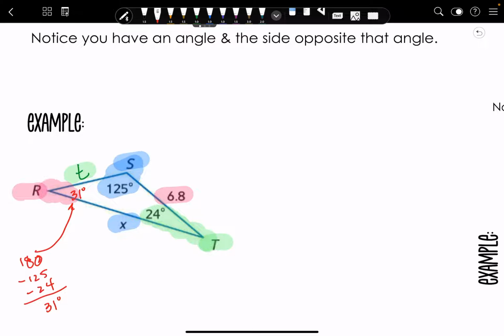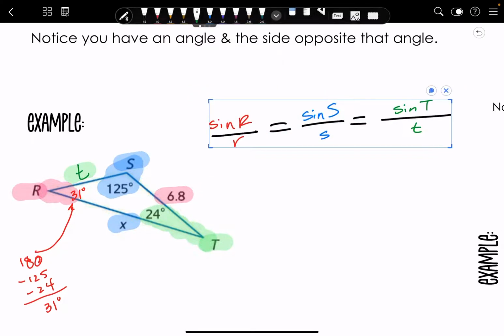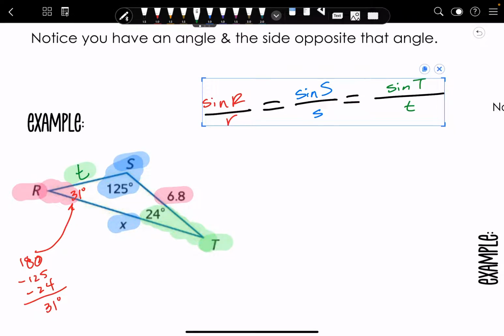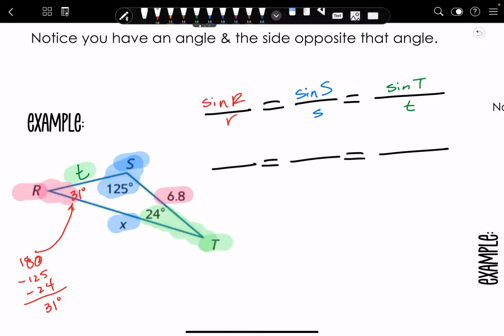Now, we can go ahead and set up our ratio and our proportions. So I've got sine of R over lowercase r, then S, and then T. I always like to write this out so I can just drop the numbers in. It helps my brain and yours process it better when we have places to put things in. So now I'm going to drop these numbers in.